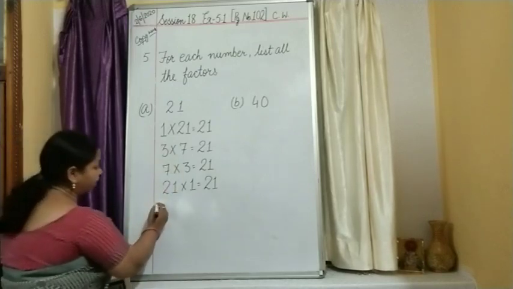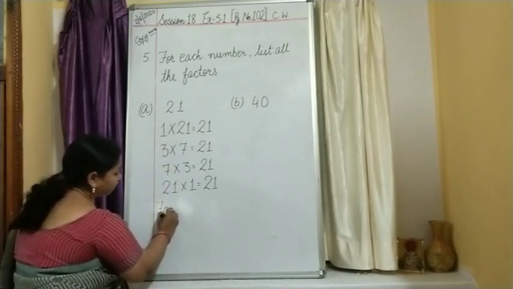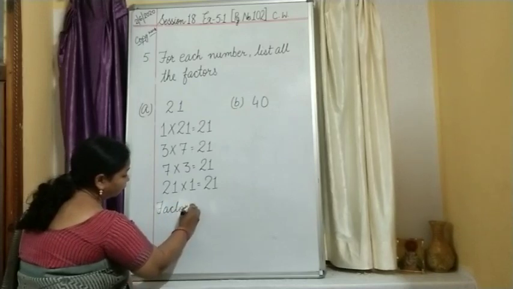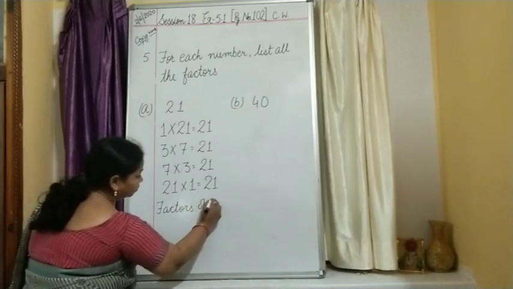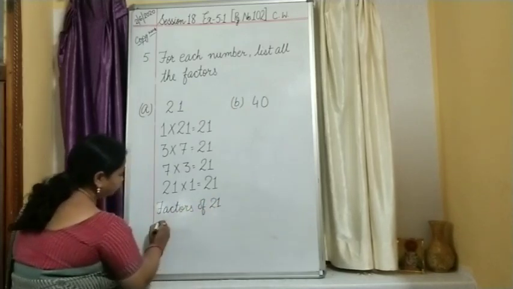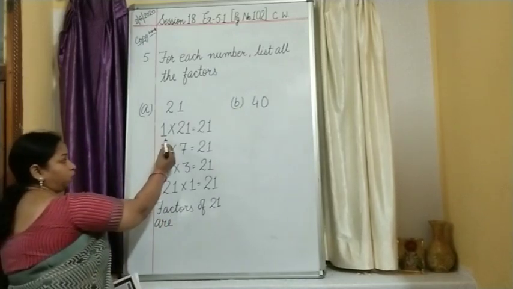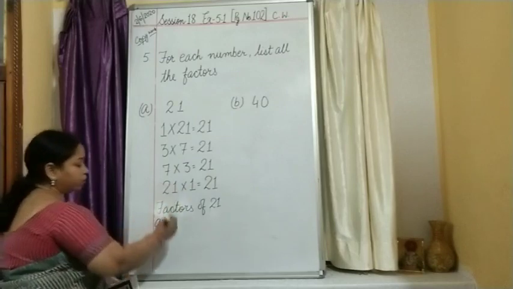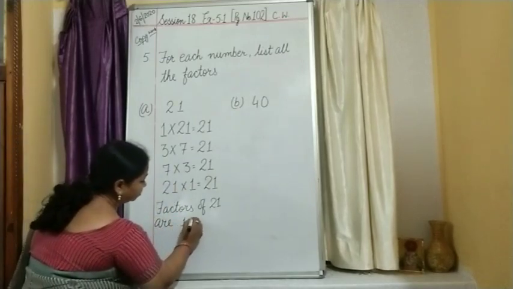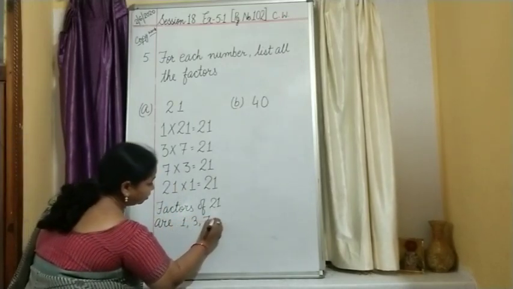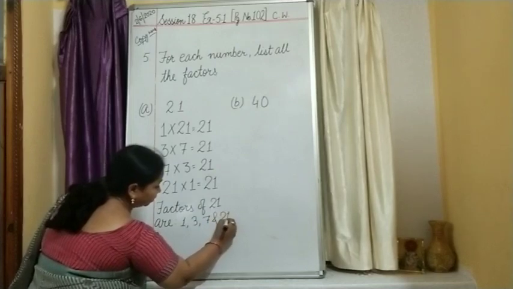Okay, so what are the factors of 21? Factors of 21 are, what are the factors? You have got it? 1, 3, 7, 21. 1, 3, 7 and 21.